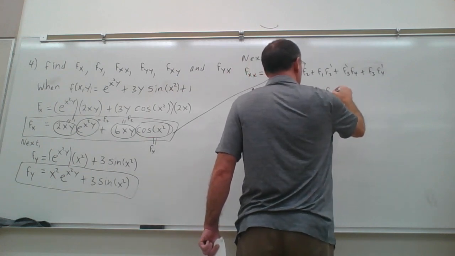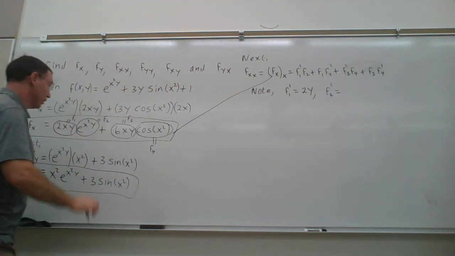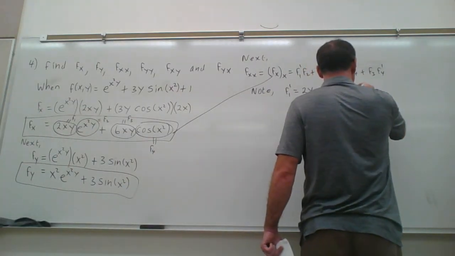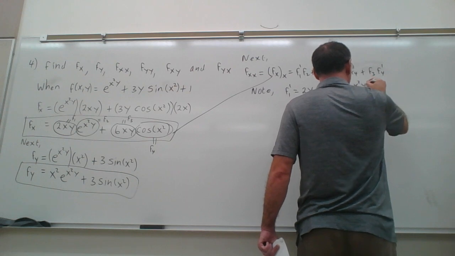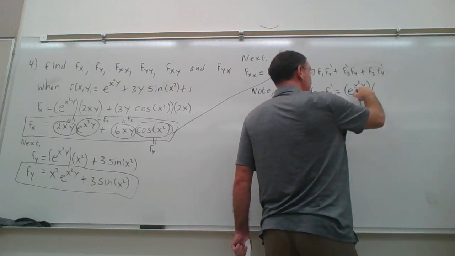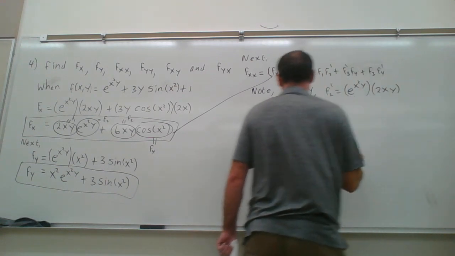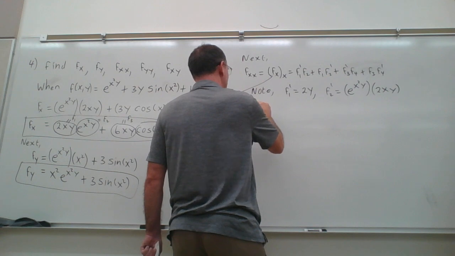Then f2 prime, so f2 is here, so it'll be e to the x squared y times derivative of x squared y with respect to x, which will be 2xy. Okay, f3 prime.